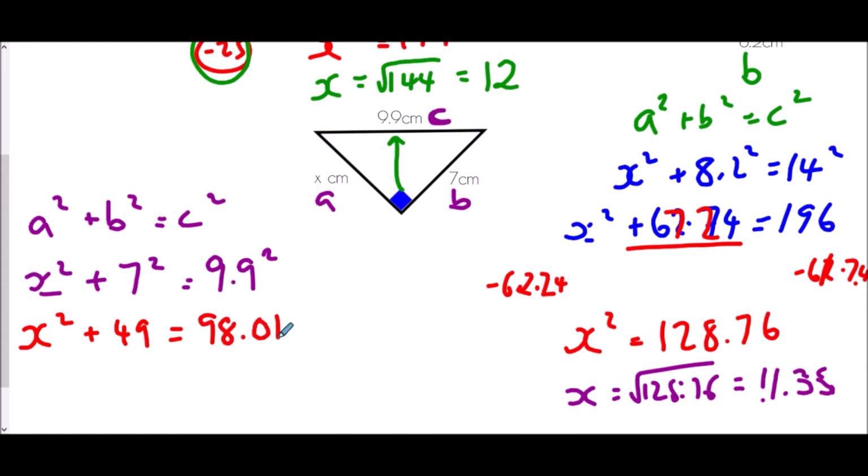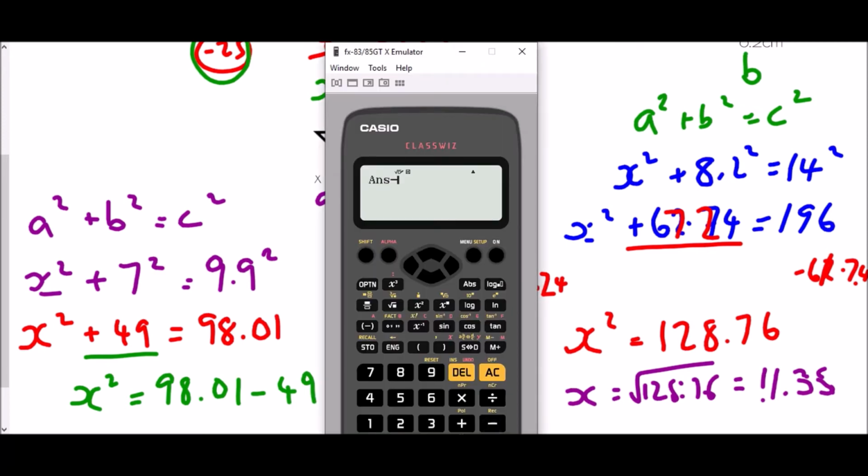And then, if I need to get x squared all on its own, well, I'm going to have to subtract. I will need to subtract this 49. So x squared equals 98.01, take away 49. And that is 49.01.